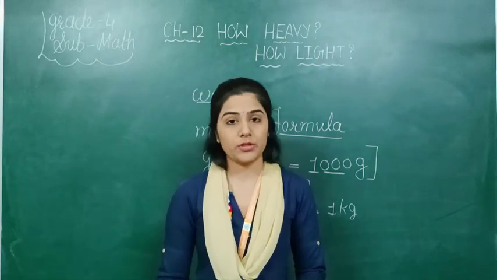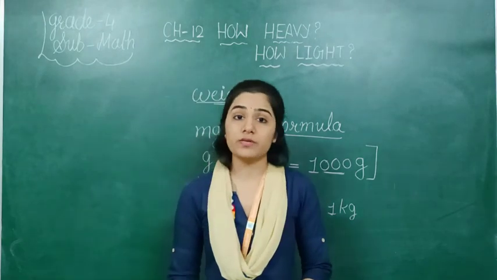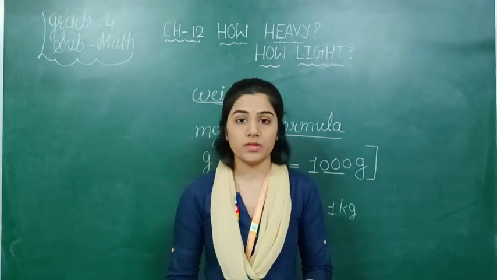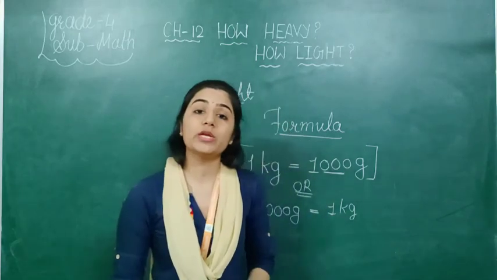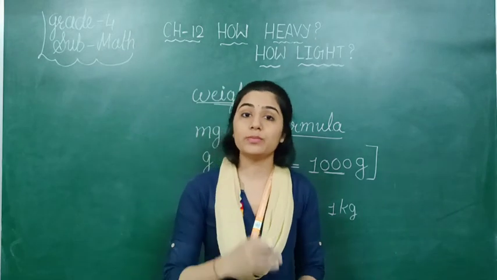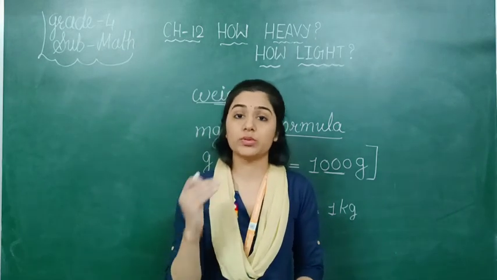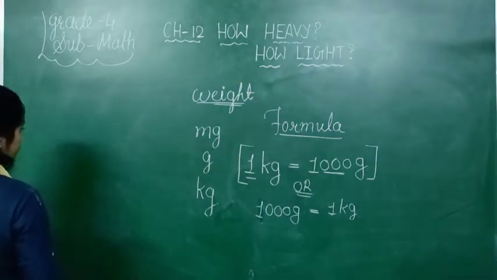And in this chapter, using this formula, we will do the conversion sums. It is given in your workbook on the first page. We will see how to convert gram to kilogram and kilogram to gram. So let's see that kind of sums.